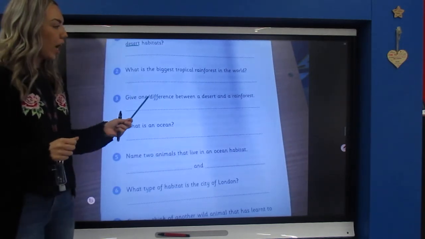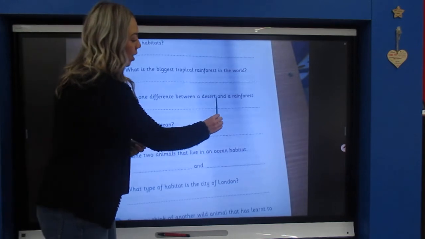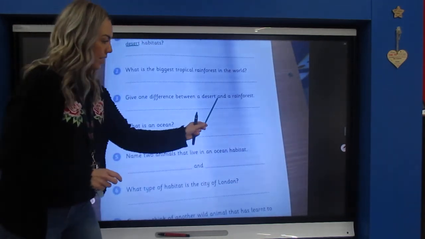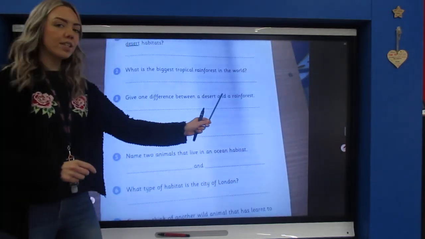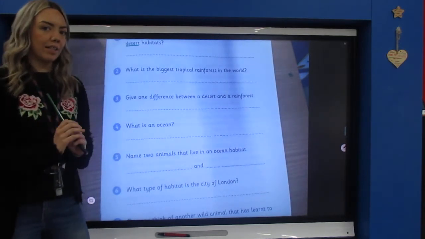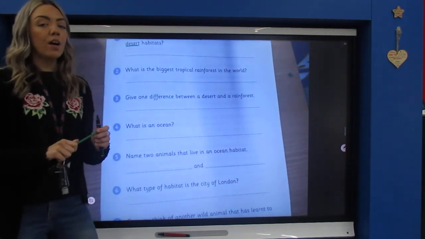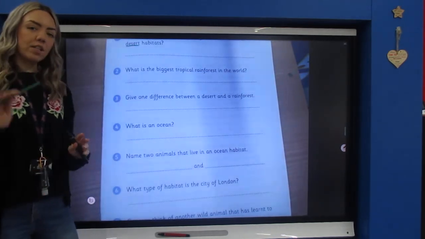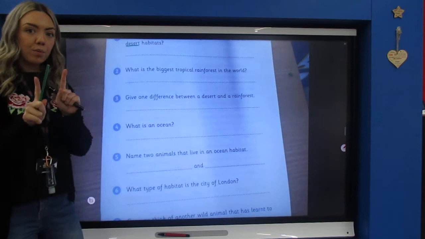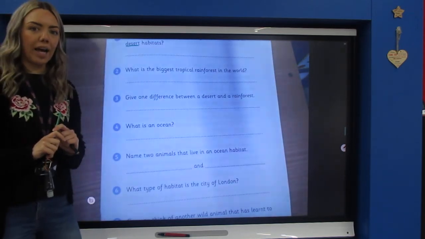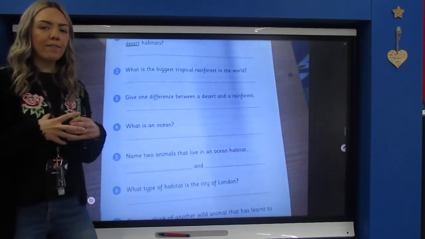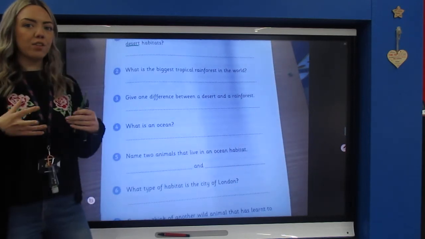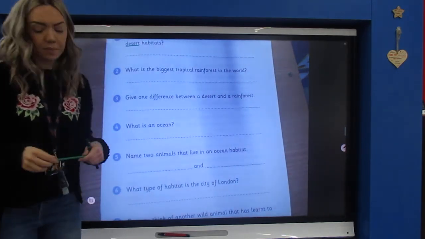Okay, so have a good go, and remember, using those key words, you will need to read the desert and the rainforest to find out your answer. You could write a list of what is in the rainforest, what is in the desert, to help you see the differences clearly, okay? So if it's hard to do it straight from the text, that is a good method to use, okay?